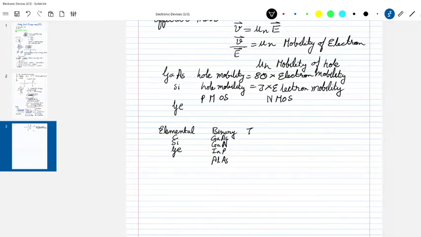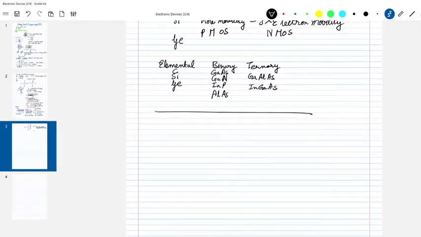Now there are going to be ternary compounds also. You can have aluminum gallium arsenide, indium gallium arsenide, and so on, right? And then you can also have quaternary, which is going to be 4 elements. So these are all material systems.